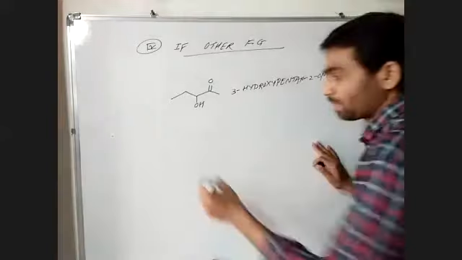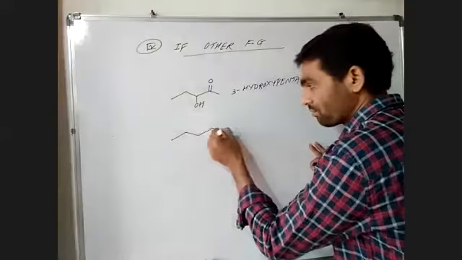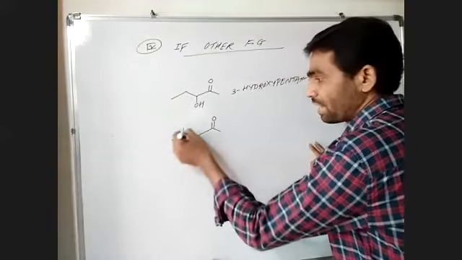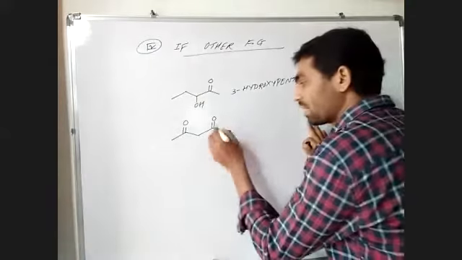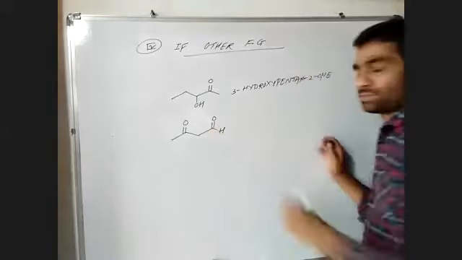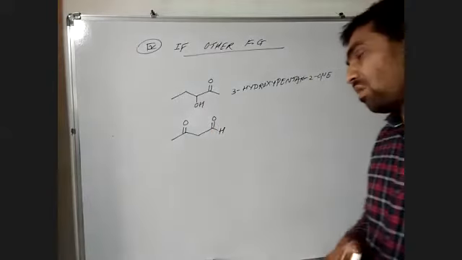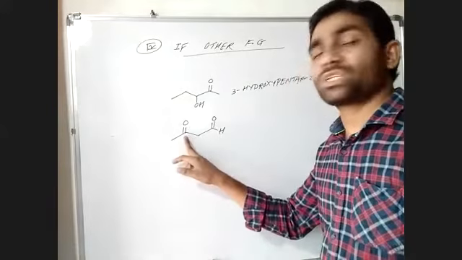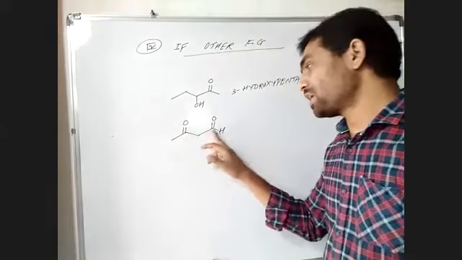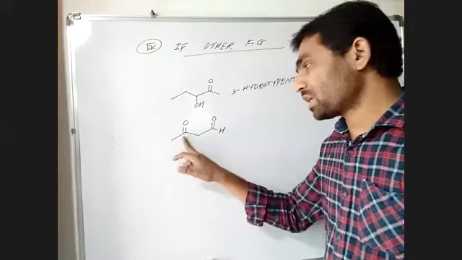Now, this one we have already done, so we will not touch that one. Now this one. Suppose this is the aldehyde functional group and this is the ketone functional group.